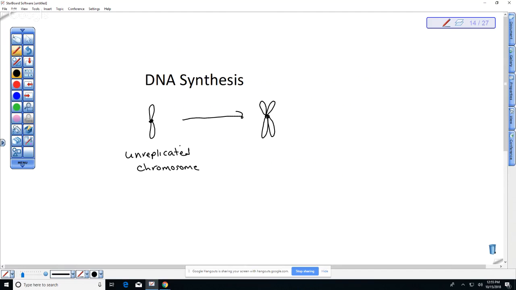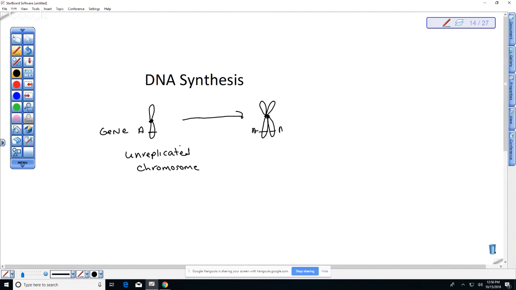Okay. So when the genetic material gets copied, the chromosomes turn into this, and so now there's two sets of genetic information. So if I put a gene on here, say this is A, this is my gene A, it would faithfully copy this.